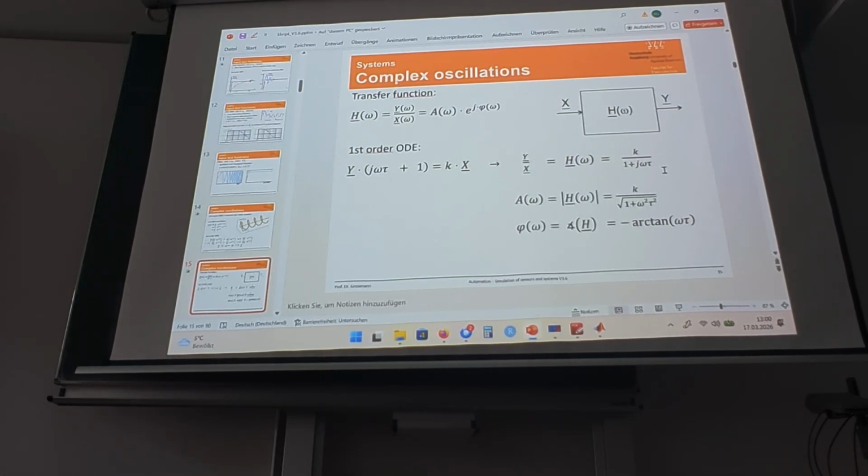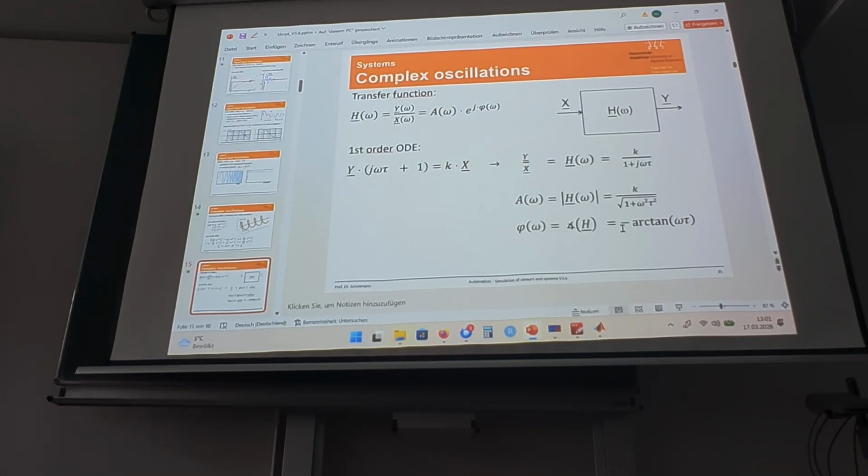Okay, in general, for different omegas, for different frequencies, it is a complex number. So it has an absolute value, a magnitude, and this is the ratio of amplitudes, the normal, real values of amplitudes. You can calculate it, it's just the absolute value of complex numbers, and the phase angles can also be calculated.